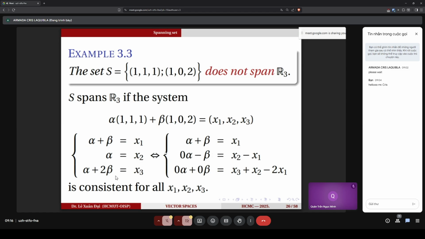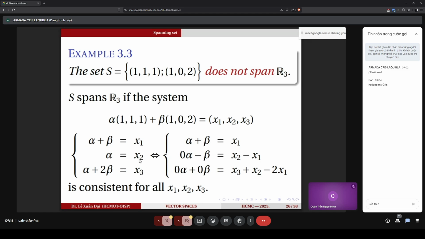Next, if you subtract the second from the third equation, this becomes 0 alpha plus 2 beta.